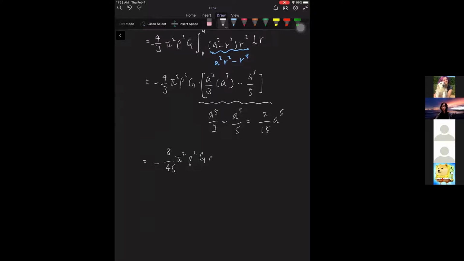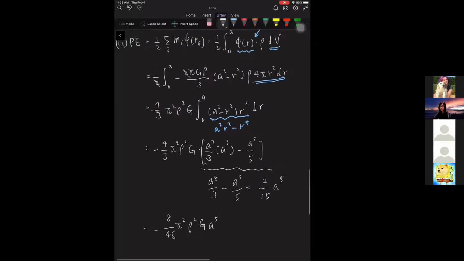Oh, and a to the 5th here. Yeah, I don't think I did anything wrong with the blue box, the phi, a squared minus r squared over 3.